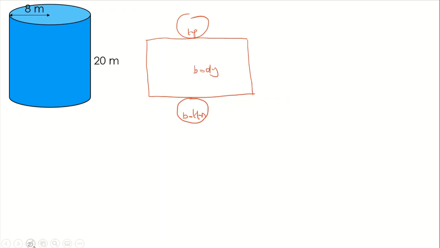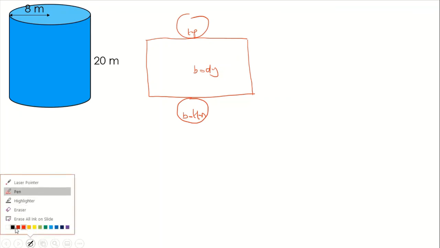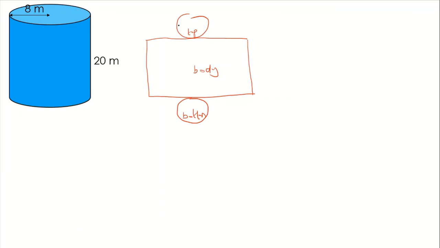Once again, let's put our numbers on the picture. This time the top is 8 meters, halfway across. So is the bottom, and the body is 20 meters high, or long, whatever you want to call it. So let's do the top first of all.